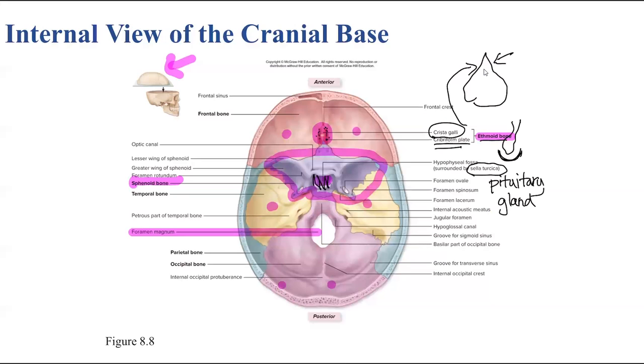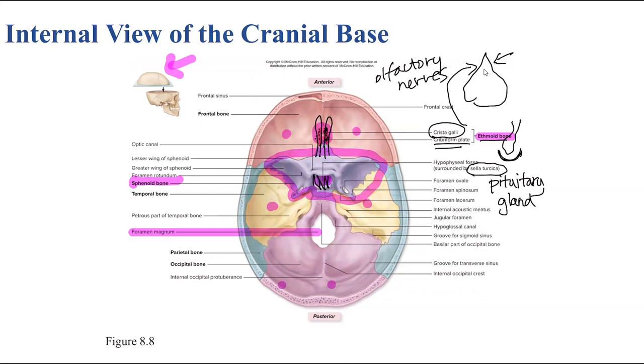So your olfactory nerves lay in here. That's the part of your brain. It's laying right in there. And then those little nerves that help you smell, right? They go down through these little holes and into the nasal cavity.